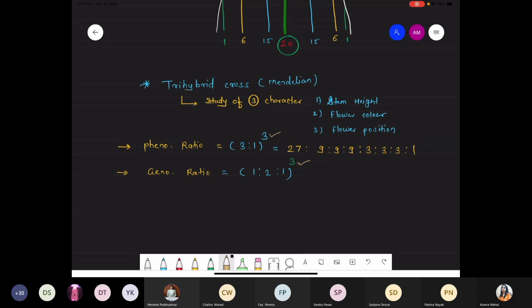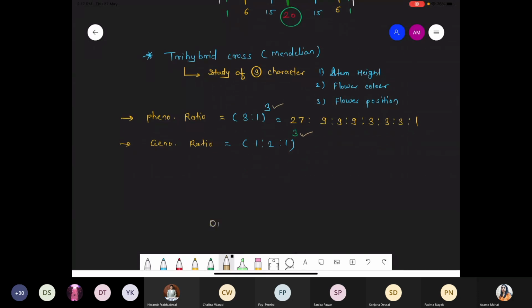Simple. It will be the same for dihybrid. If you want to use the shortcut, what is a dihybrid cross? You simply write down (3:1) raised to 2. This 2 represents the dihybrid cross. And when you solve it mathematically, you will get the correct answer, that is 9:3:3:1, the phenotypic ratio for dihybrid. Done this part?